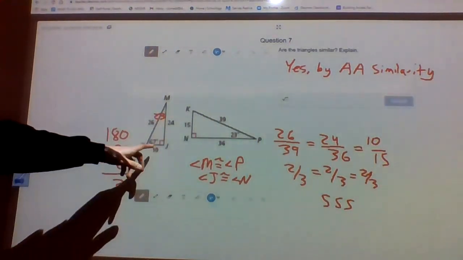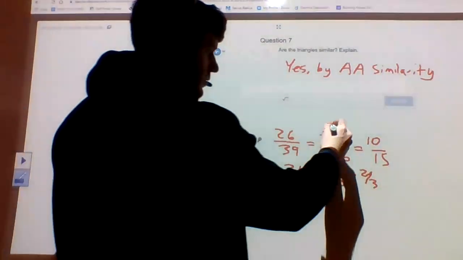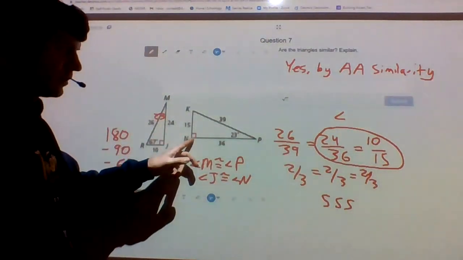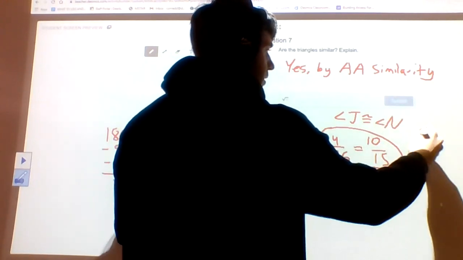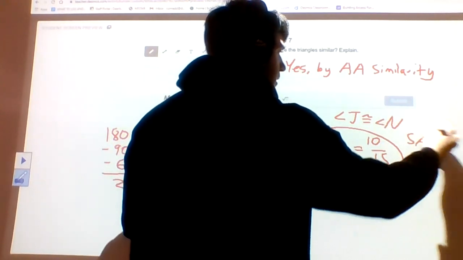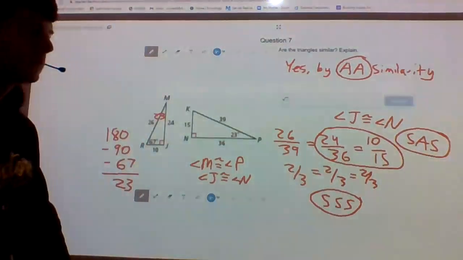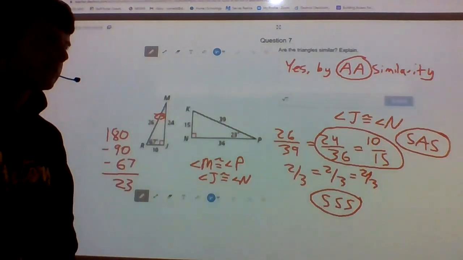And then that also means you could have used side, angle, side, right? If you would have used these two, and then angle J and angle N, then you could have also used side, angle, side. So in this case, all three possibilities would work: angle, angle, side, angle, side, and side, side, side.